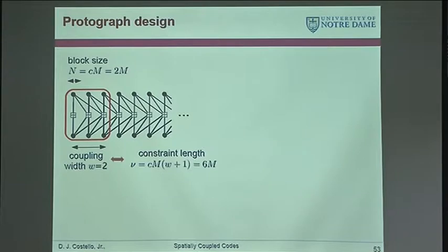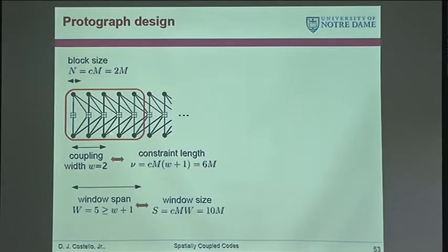Okay, same thing. And that makes the constraint length 6m, same definition of constraint length. The window size, well, we have to pick a window size for our window decoder. If we pick 5, it's got to be at least one more than the coupling width, to include at least all the symbols that can be connected in one iteration in the window. Usually it's several constraint lengths.